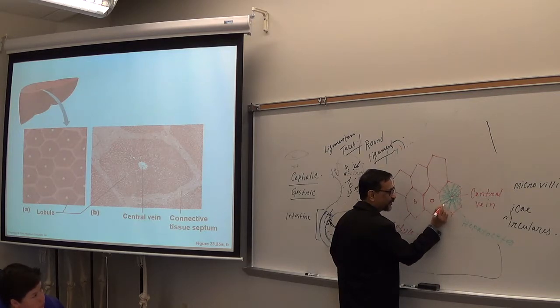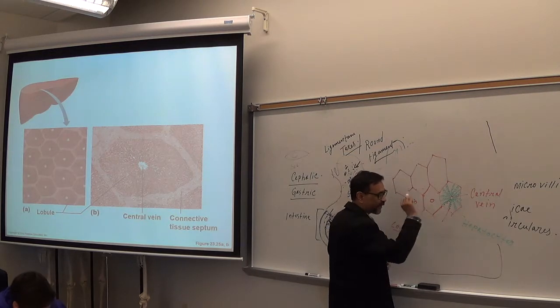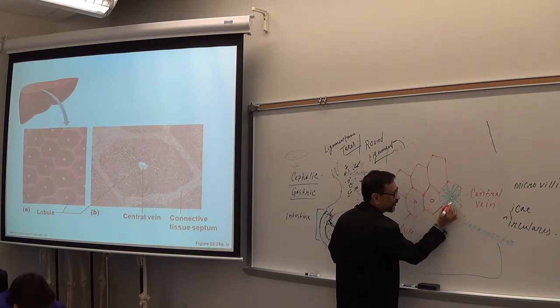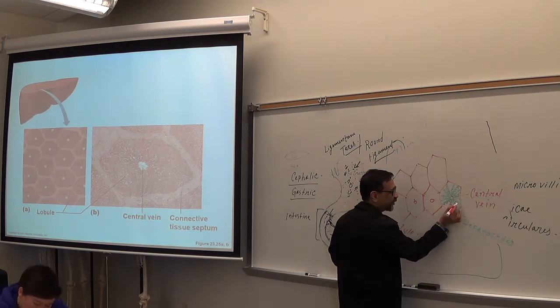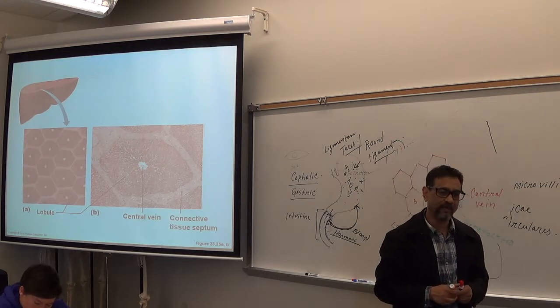So beside each hepatocyte, you have a ductule called canaliculi. A tiny duct tube that collects bile from each cell. You remember the liver produces bile, so each hepatocyte will produce bile and give it to the canaliculi.